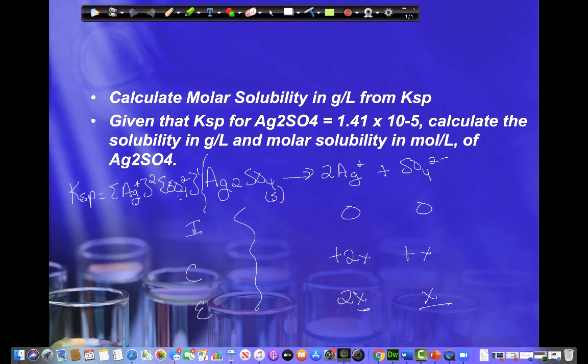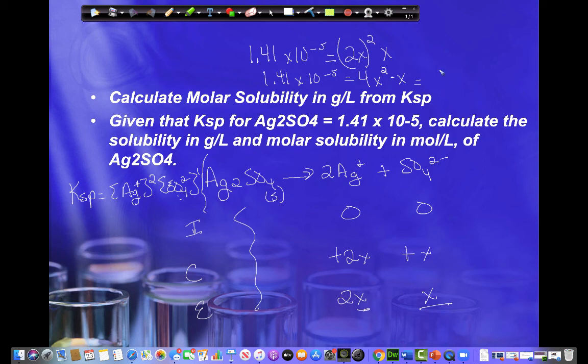So what we're doing is we're going to solve for little x. My K value is this. And I know that silver is 2x squared, and sulfate is x. So when I do the math here, it's going to be 1.41 times 10 to the negative 5th is equal to 4x squared times x.